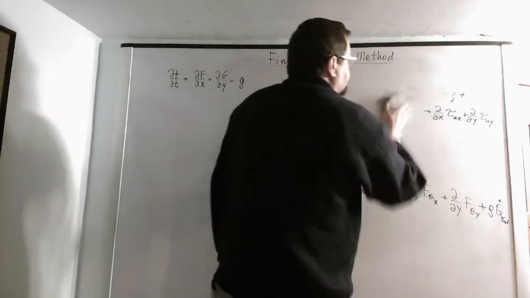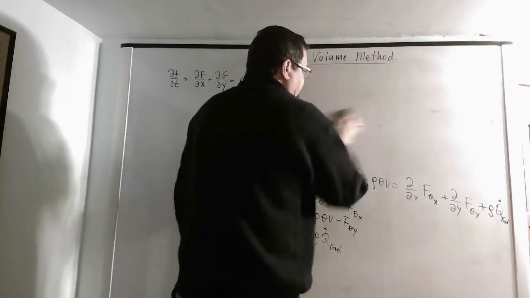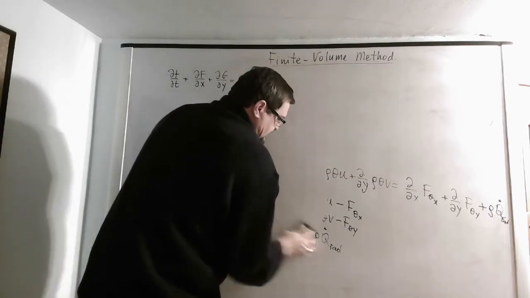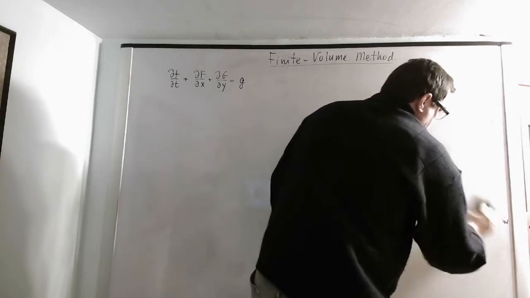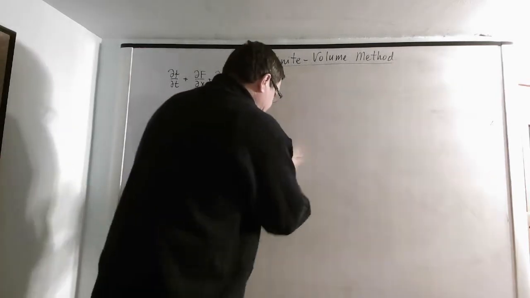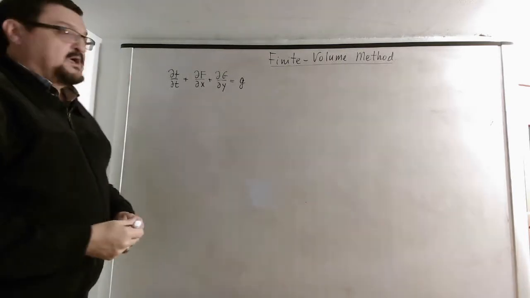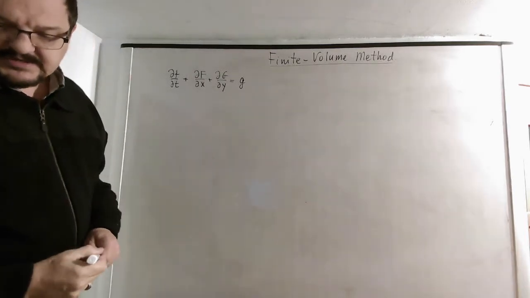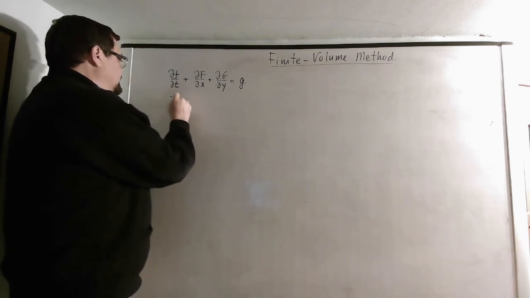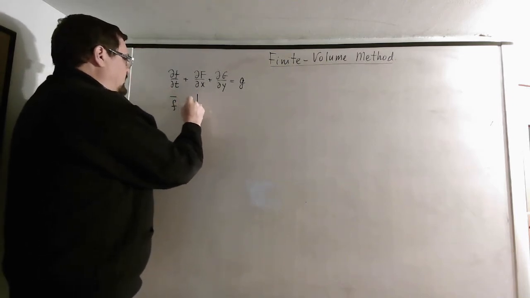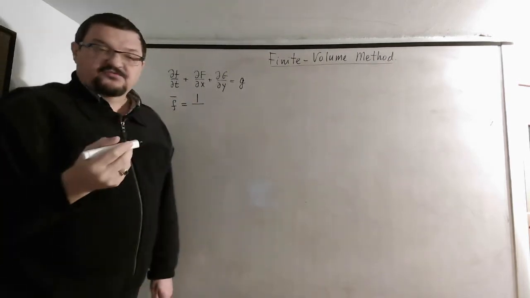Okay, so now let's apply the finite volume method. For that we need to integrate. So how would we integrate here for the two-dimensional case? Well, first let's define our mean, F mean, and first let's define the grid.